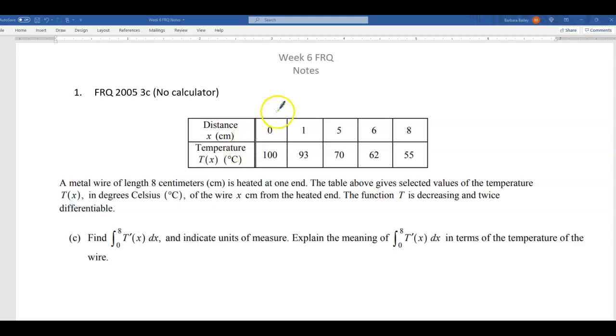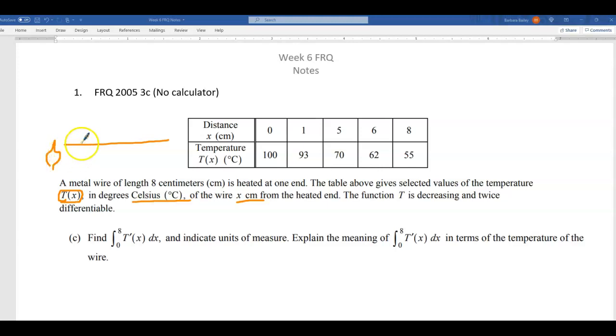Let's go ahead and take a look at our first one here. So we've got, let's read the story here first. A metal wire that's 8 centimeters long is heated on one end, and the table above gives selected values of the temperature, which we're going to call T of X, and that's in Celsius degrees. So this table above gives the temperature of that wire X centimeters away from the heated end. So you guys can imagine if you have a wire and you put a fire next to it.